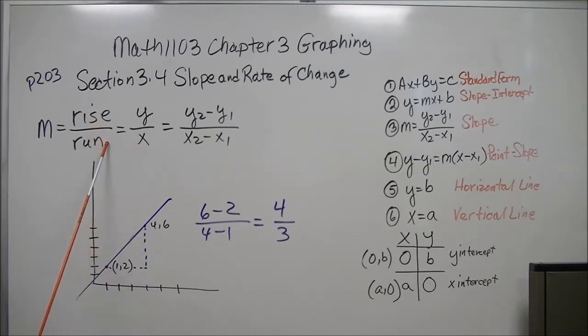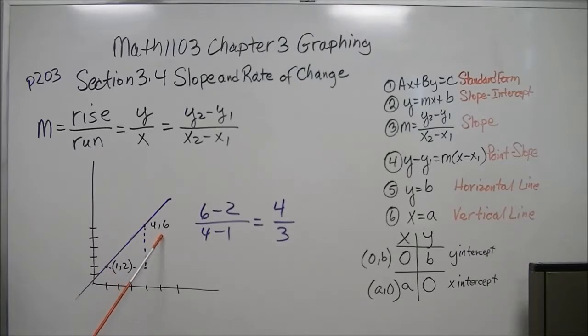So rise over run is a ratio of y over x. And as we've indicated earlier in our formula for slope, this is what it is. If we have two ordered pairs, like we show here, we can figure out the slope. Now, it doesn't make any difference which ones that you say are x sub 1, y sub 1. But once you designate it, then that is it, and you can't interchange.